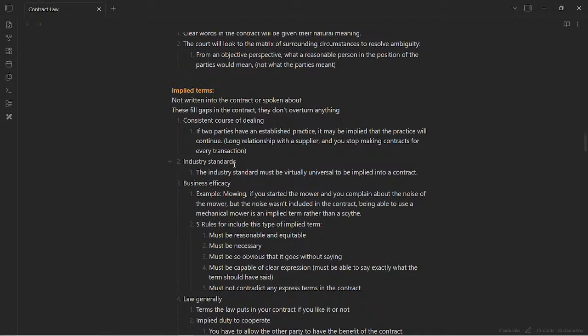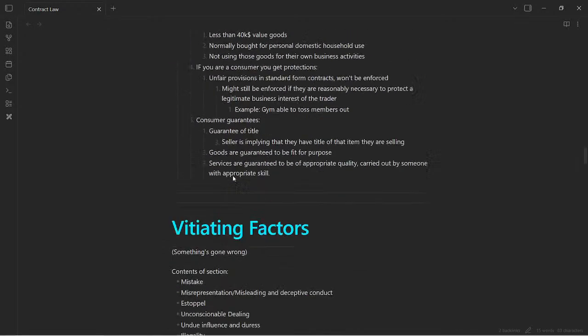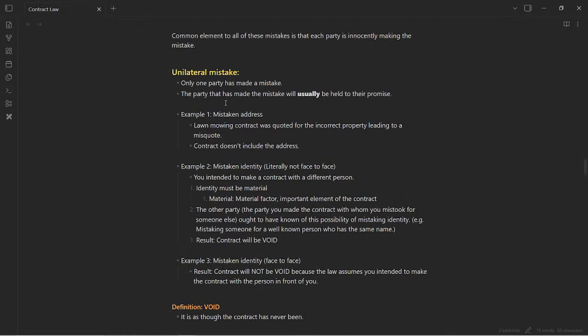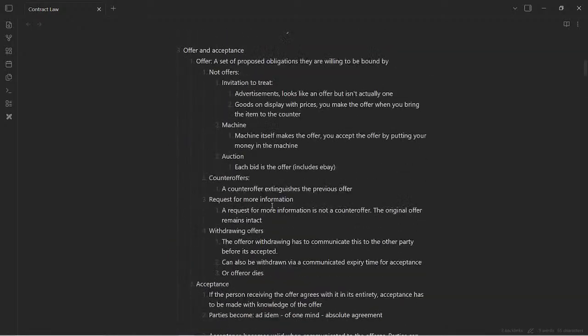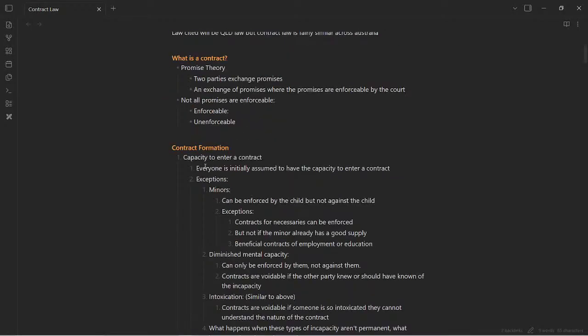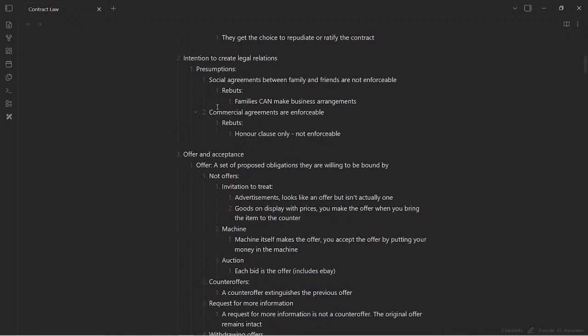So, okay. Implied terms. What I absolutely want to remember is the elements of contract formation.